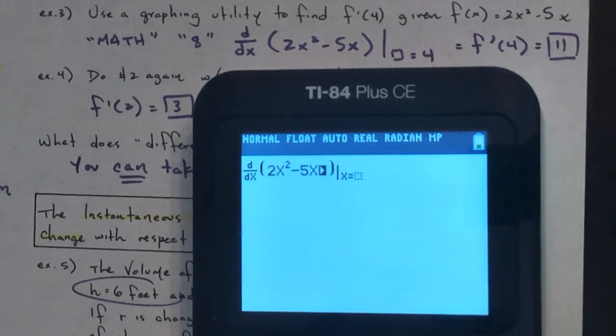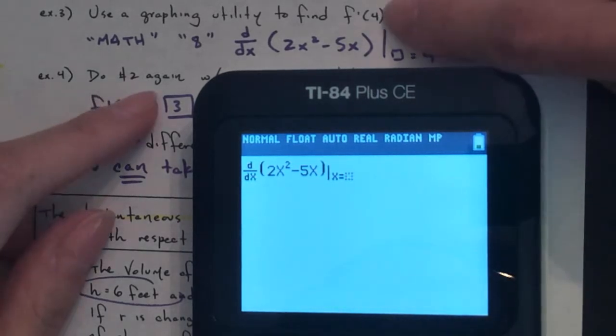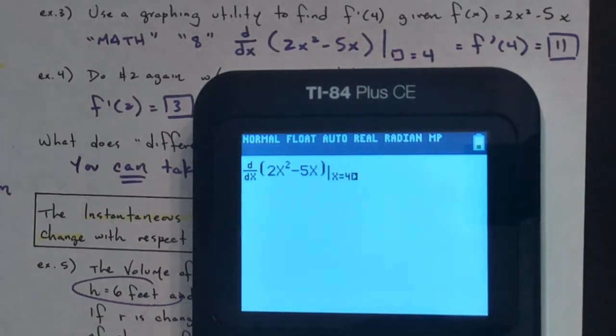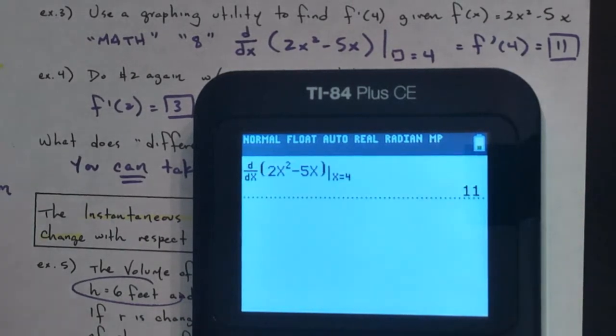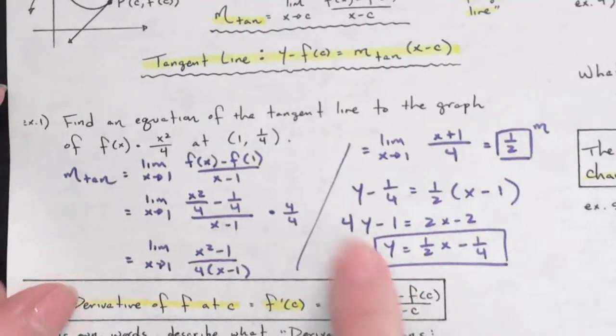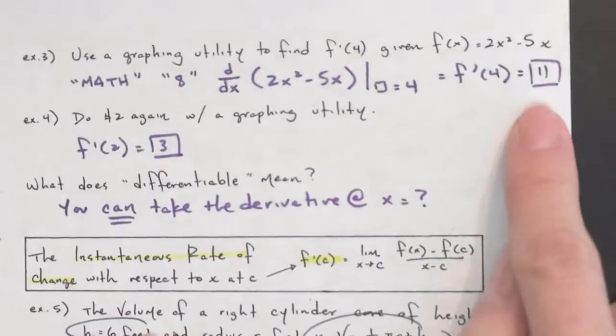And then now, they're not going to just give you the derivative, they give you a derivative at an x equals. So we want to know when x equals 4. So we put when x equals 4, press enter, and the answer is 11. There you go. So if you did it the long way, the way you did it over here, or you did it with the calculator, you get the same answer.